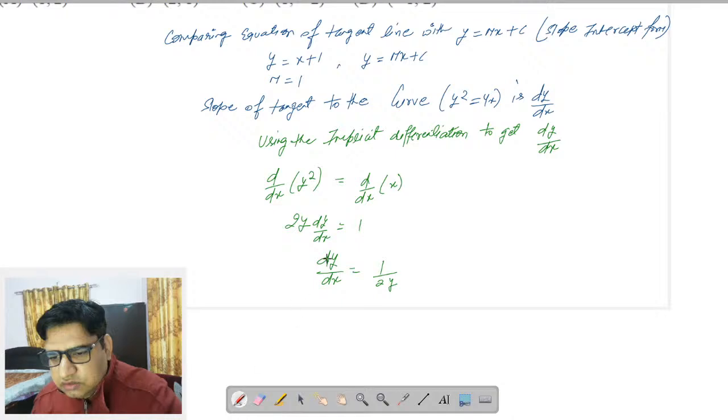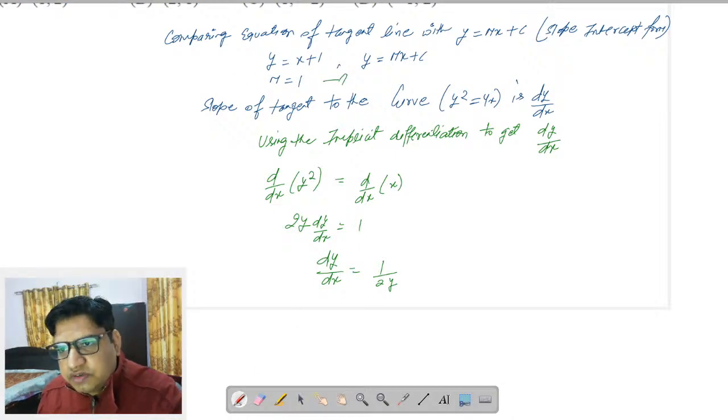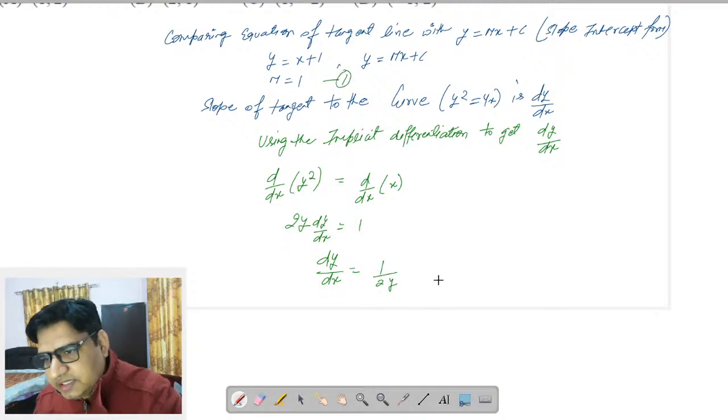And from the above equations we get m is equal to 1. So this is the first equation, and this is the second equation.